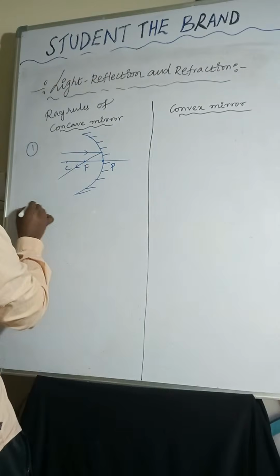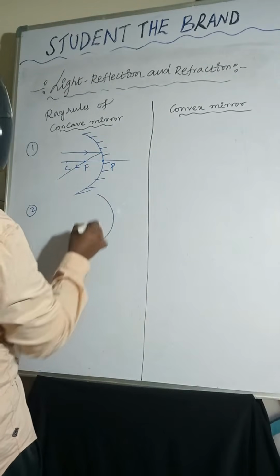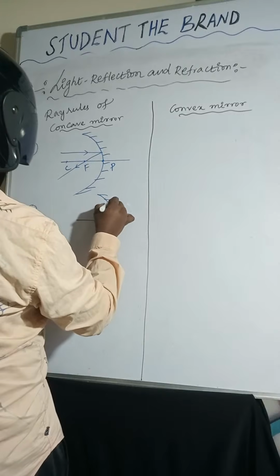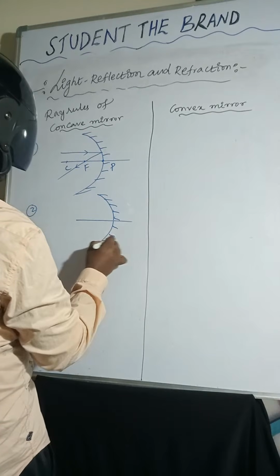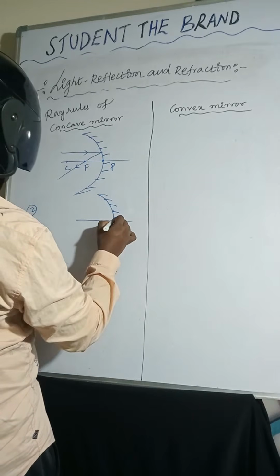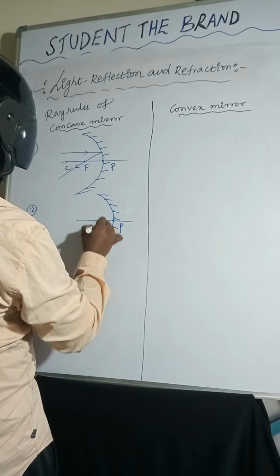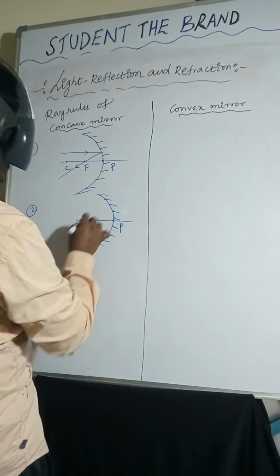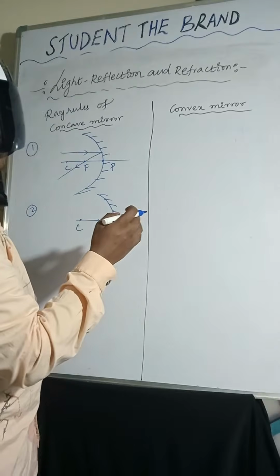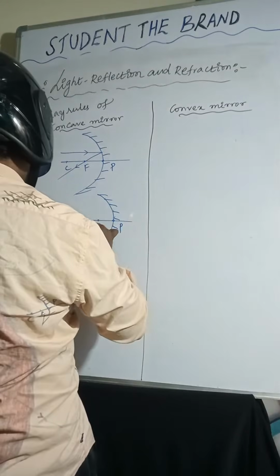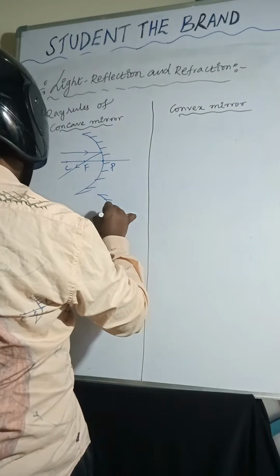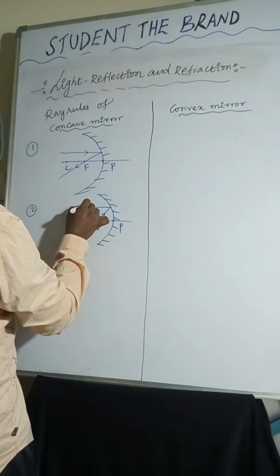Second one: pole, focus, center of curvature. Light ray is passing through focus, after reflection it moves towards infinity.